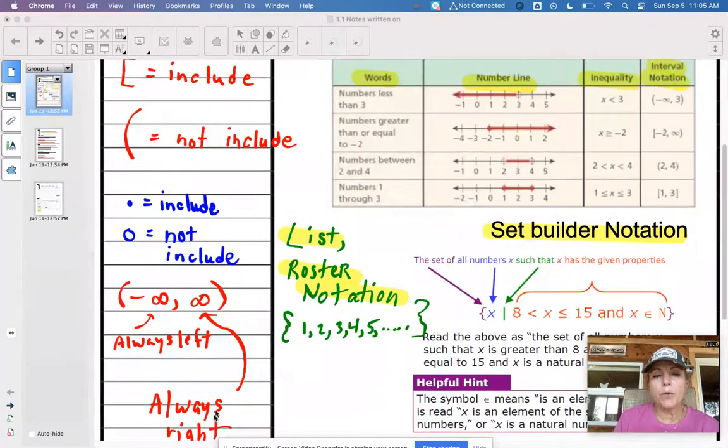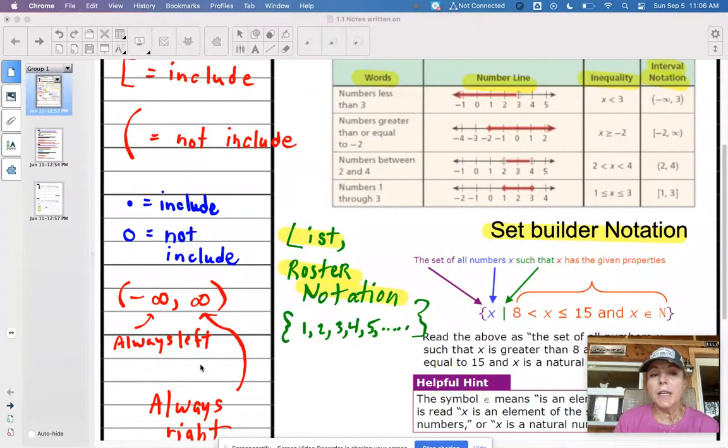Another thing I wrote down is just a reminder. Whenever we're dealing with the entire number line, negative infinity to infinity, or if we have negative infinity on the left and a number on the right, like negative infinity to 3, or here, negative 2 to infinity, whenever you're dealing with infinity or negative infinity, there always is a parenthesis on the negative infinity and on the infinity.